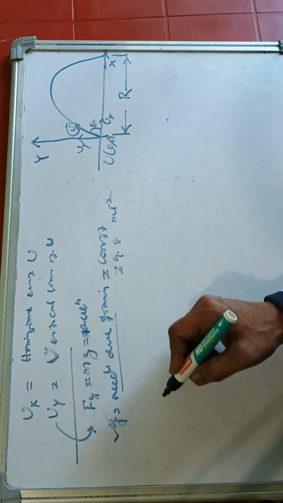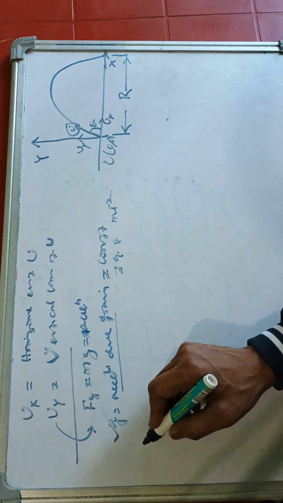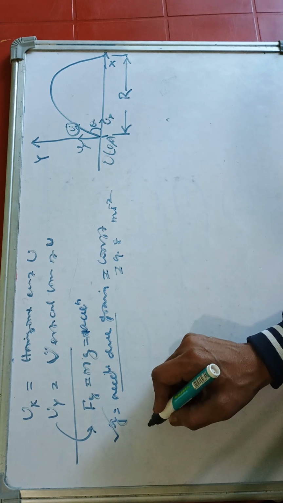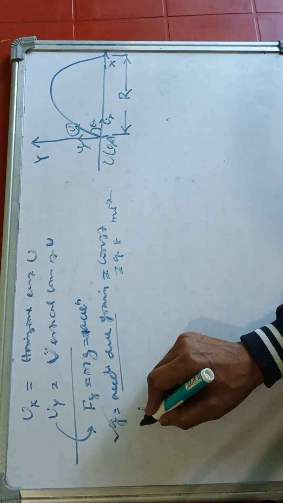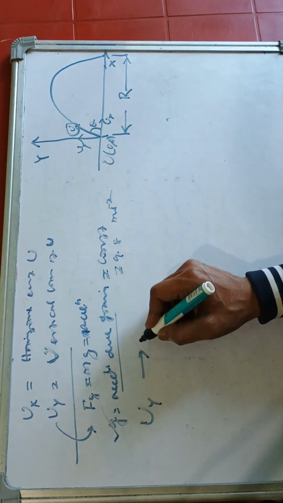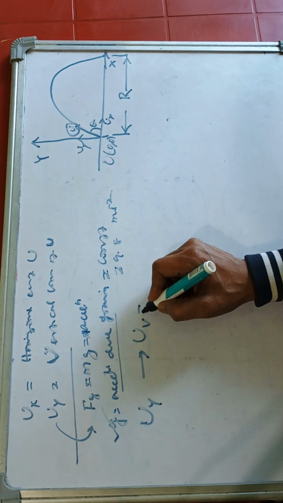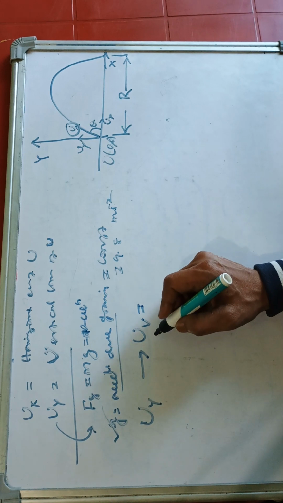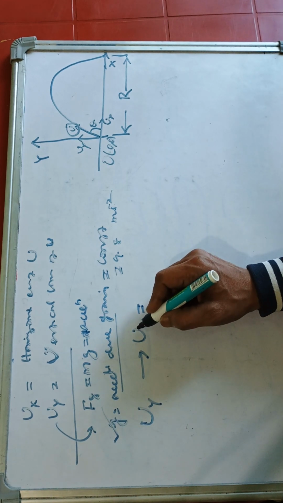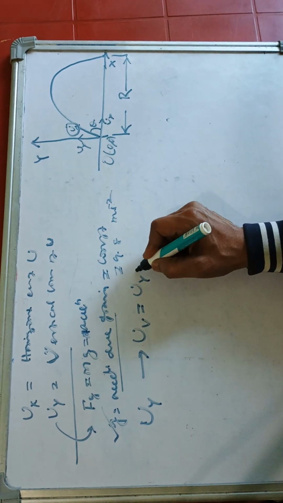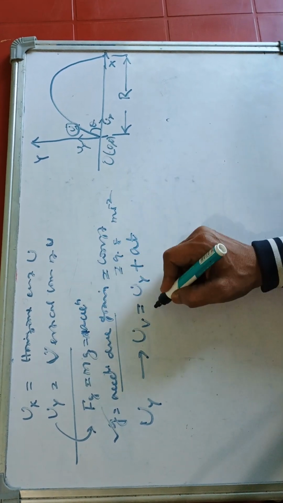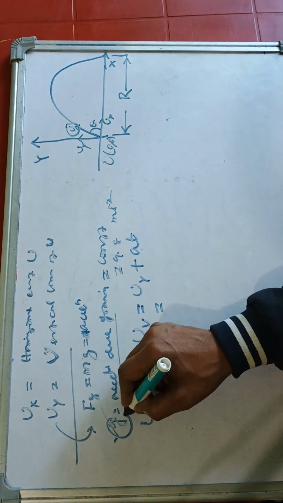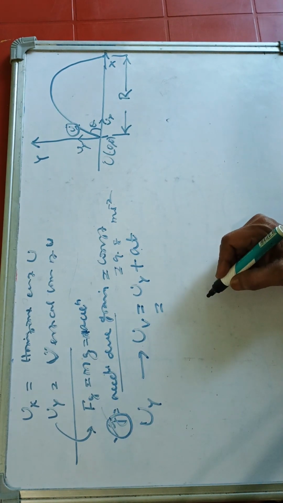Now, as g is constant and acting during the motion, that means there is a change in velocity, or in the vertical plane velocity will vary. Now the initial velocity is uy and the final velocity will be vy. It will obey the first equation of kinematics. vy will be uy plus at. Here a is acceleration and g is due to gravity.